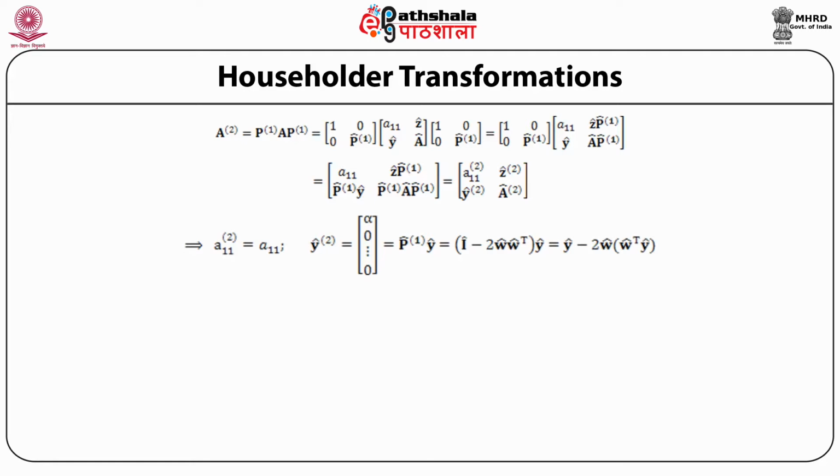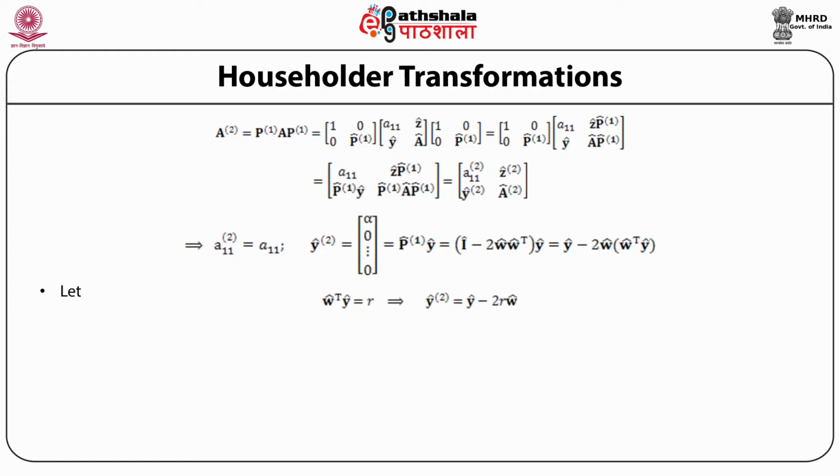So this implies that a11^{(2)} = a11 and Y^{(2)} = (alpha, 0, 0, ...)^T, which is equal to P^{(1)} Y = (I - 2 W W^T) Y = Y - 2 W W^T Y.